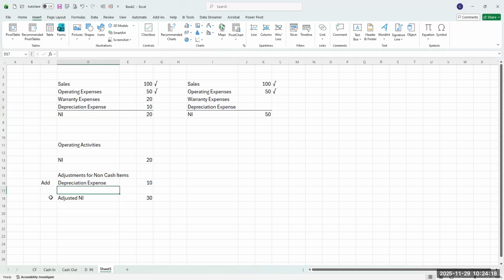So in order to bring this income to the income without the non-cash items, I also have to add the warranty expenses. If I add back another $20, then my adjusted income is going to be where my cash income is.